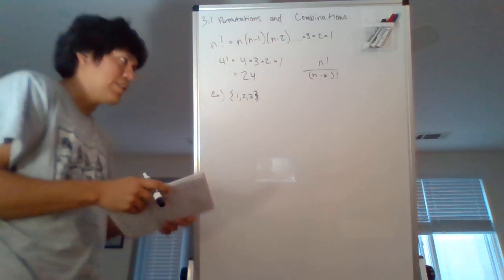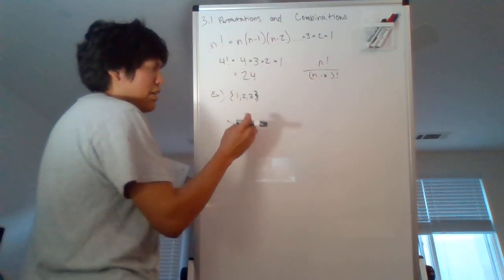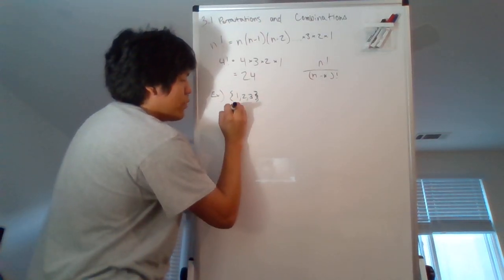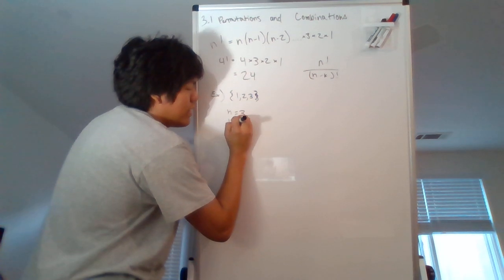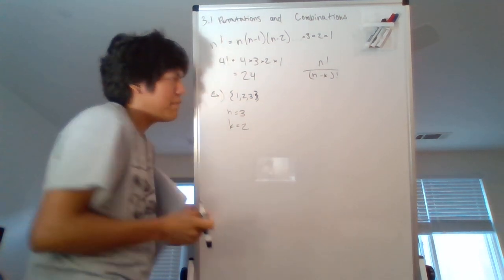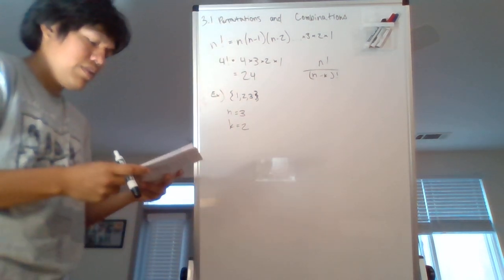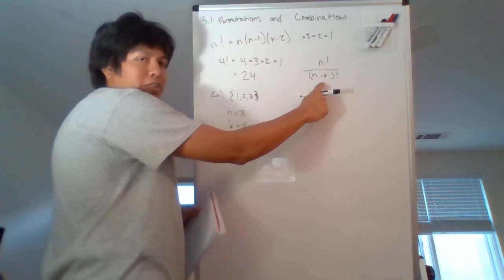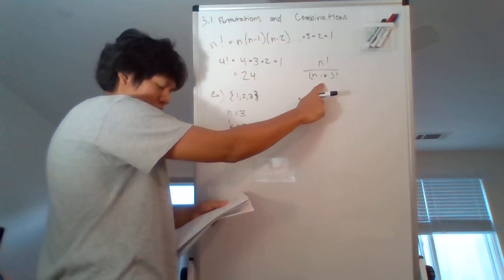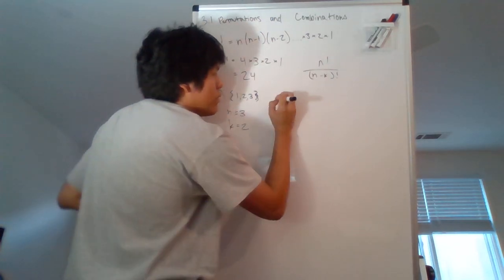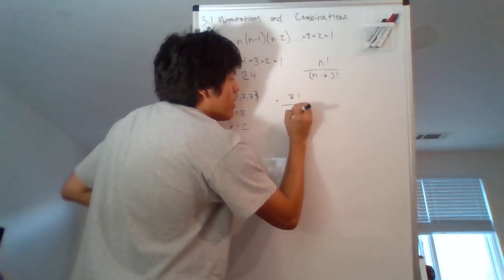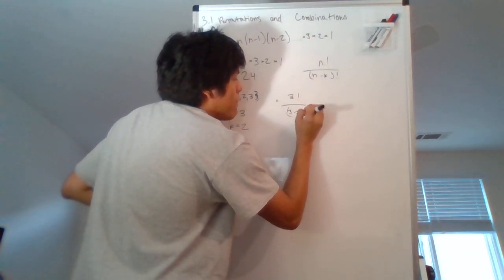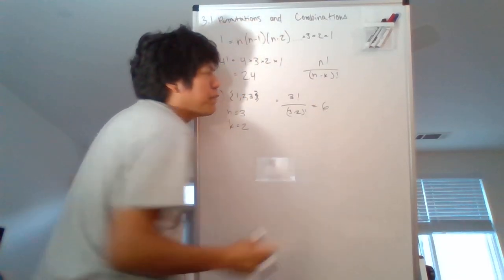So what does that look like? We have a total of n equals 3 items, and we're looking at a subset of 2. Using this formula, it would be equal to 3 factorial over 3 minus 2 factorial, which is 6.